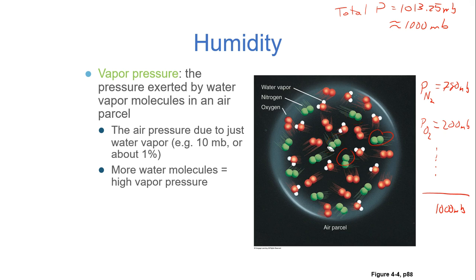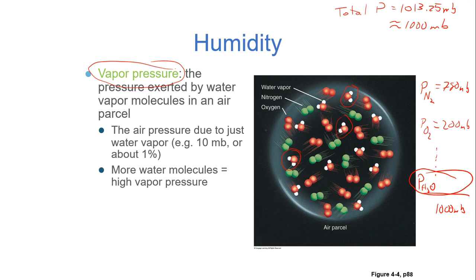Now, along with all those other molecules, we have water. So the water that's in the atmosphere also exerts a pressure. This pressure is vapor pressure, the pressure exerted by water vapor molecules in an air parcel. So let's say that 1% of the atmosphere is currently made of water.